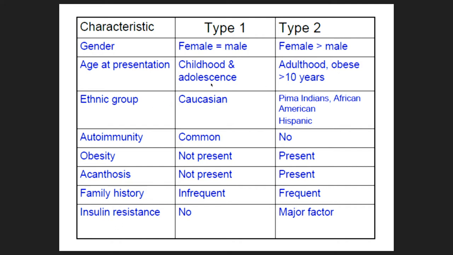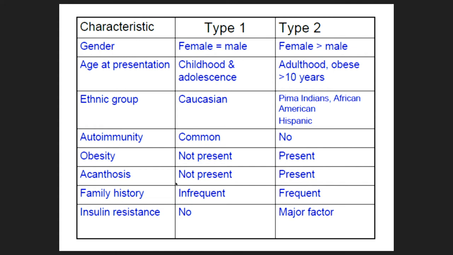Ethnic group: type 1 diabetes is mainly in Caucasians, while type 2 diabetes has more risk to happen in Indians, African Americans and Hispanics. Type 1 diabetes is associated with autoimmunity. Type 2 has nothing to do with autoimmunity. Obesity is a hallmark of type 2 diabetes, and has nothing to do with type 1 diabetes.